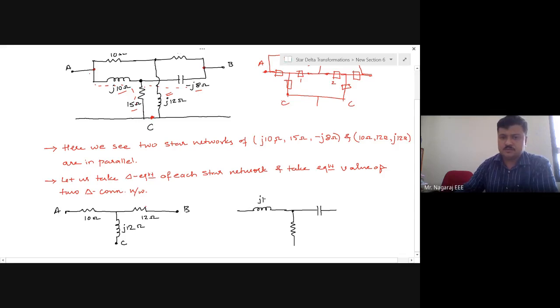So this is J10 ohms, minus J8 ohms, and this is 15 ohms. This is terminal A, terminal C, and terminal B. Then I want to get the delta equivalent of this.